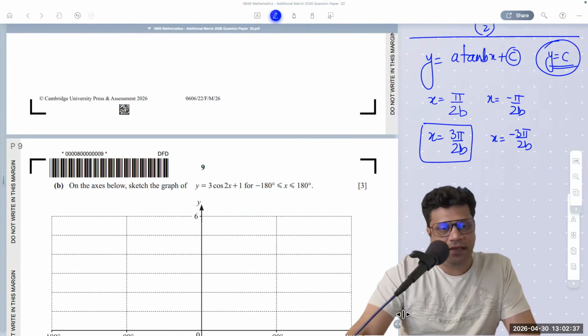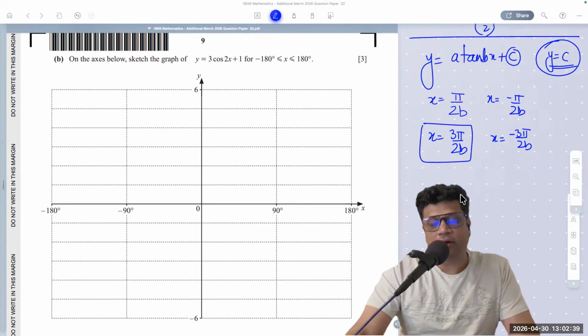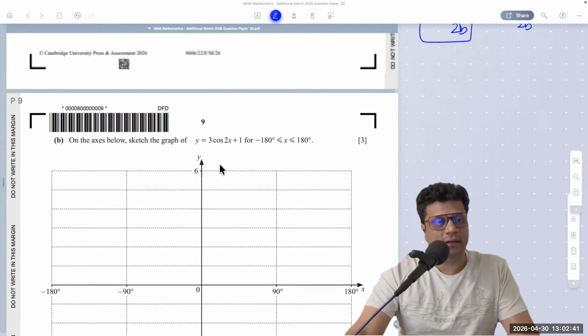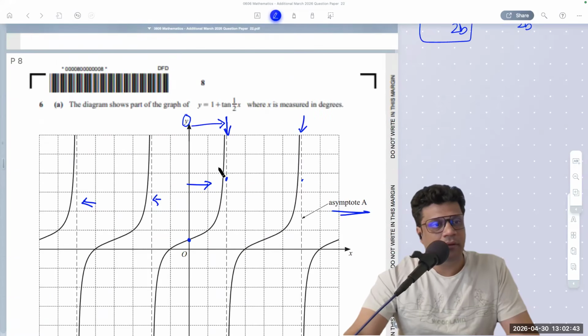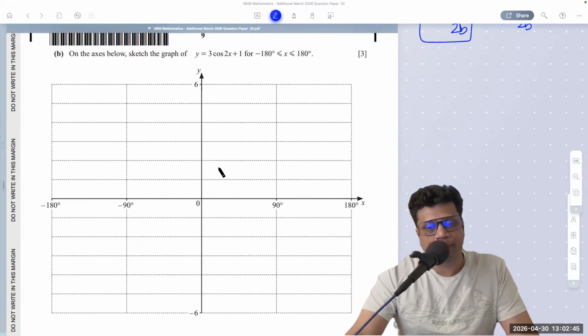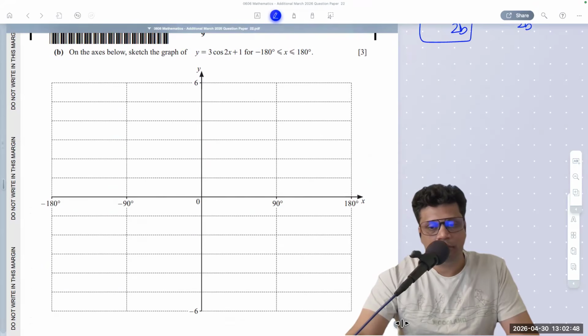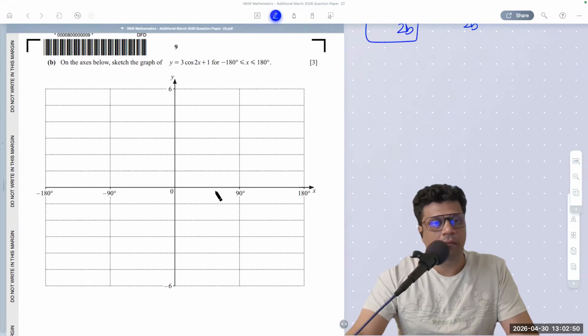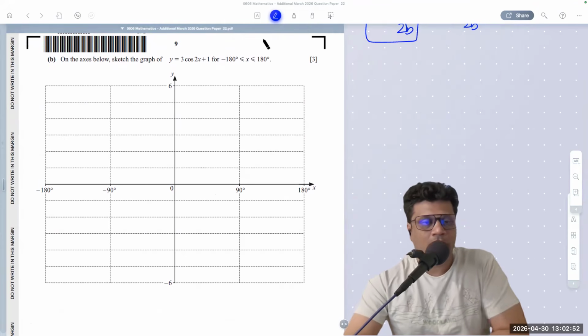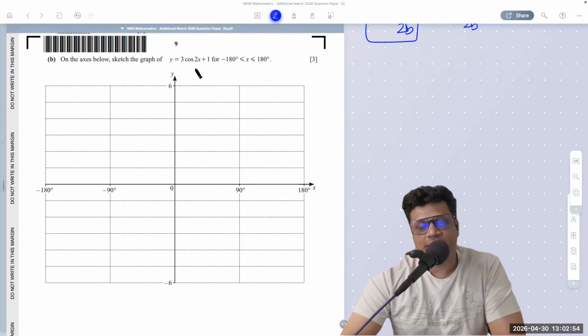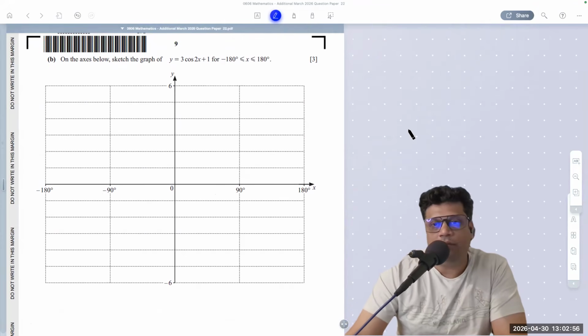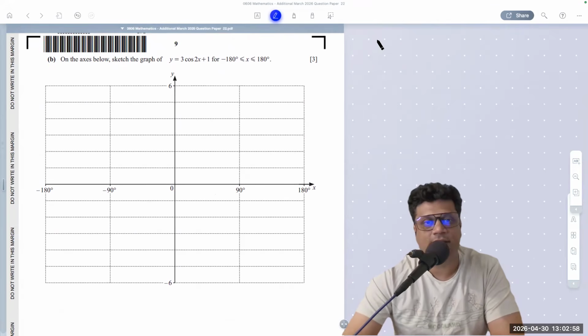Now they want you to sketch 3 cos of 2x plus 1. That's question number 6, part B. Again, we have a set method for these things.